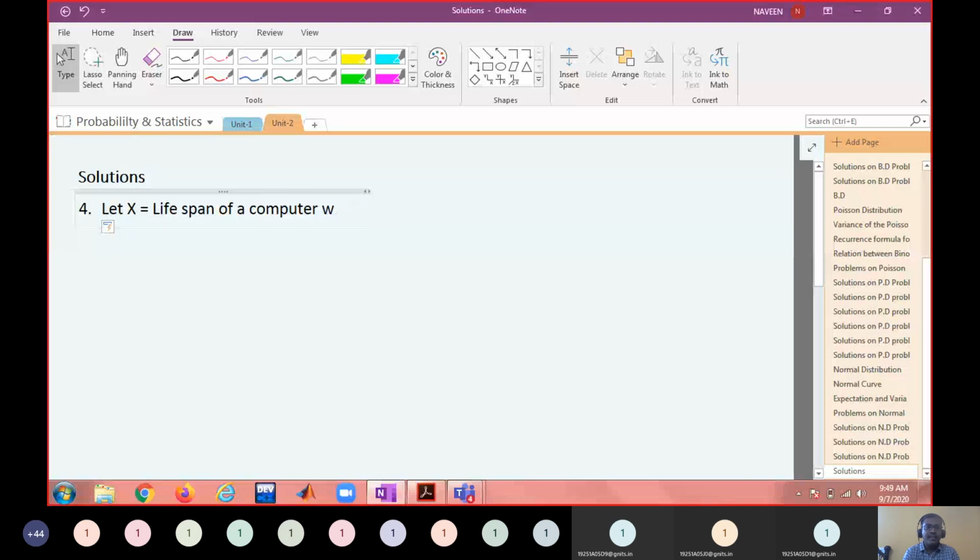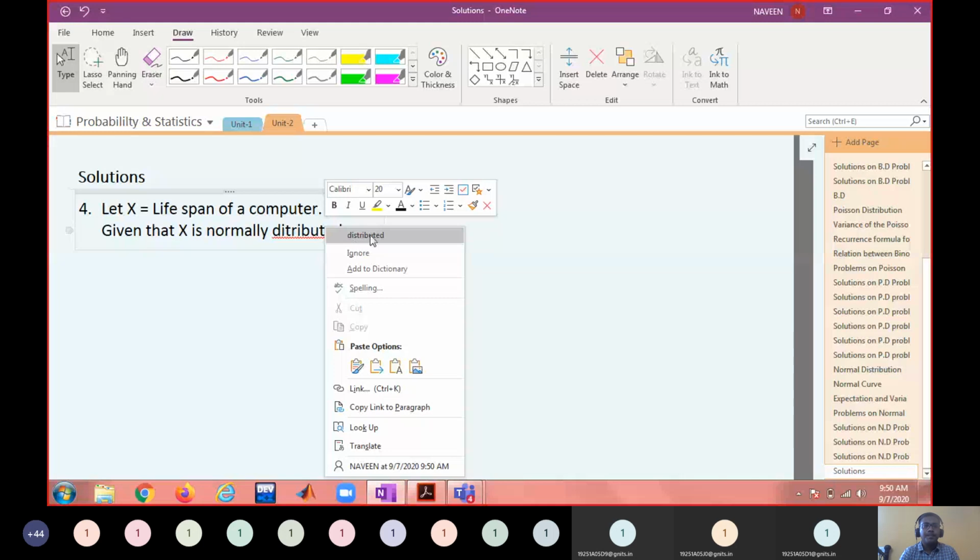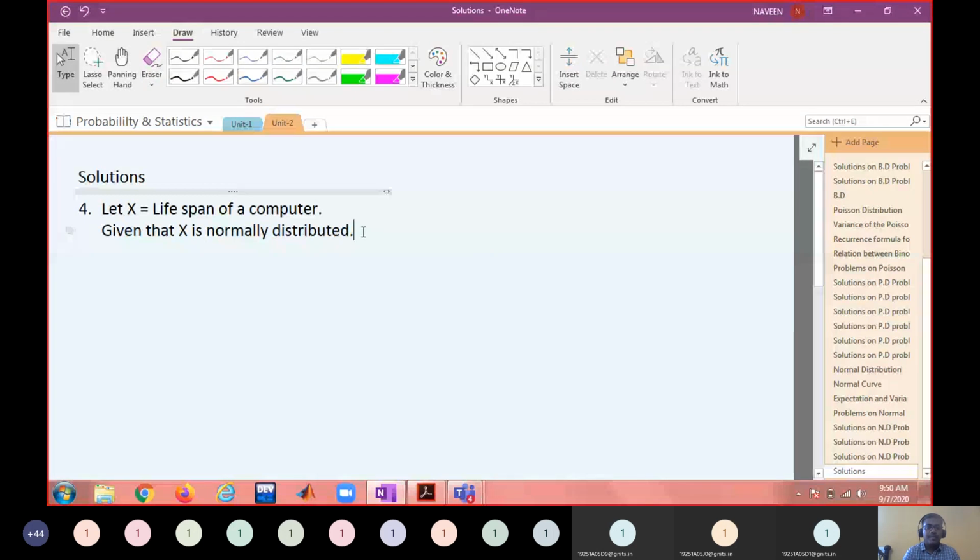Or we'll write in the next one. Given that X is a normally distributed random variable with mean equal to how much?